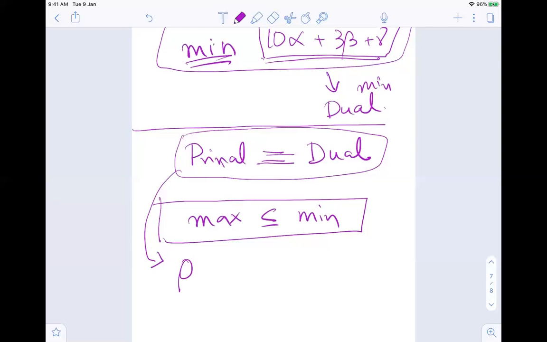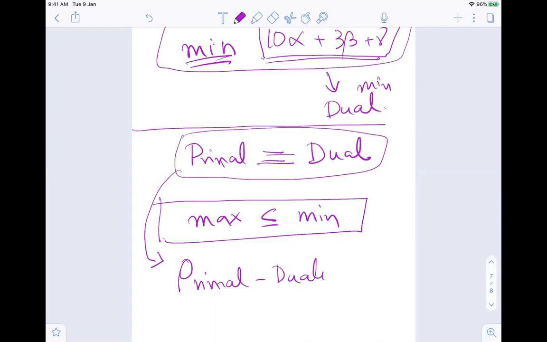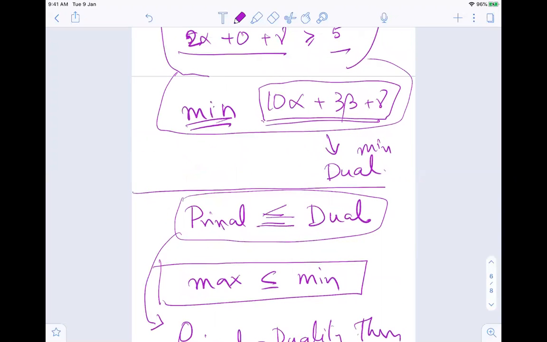This is called the primal-dual duality theorem. It's a pretty non-trivial statement. One direction is easy to see. The fact that it is exactly equal is not easy, but it is true.